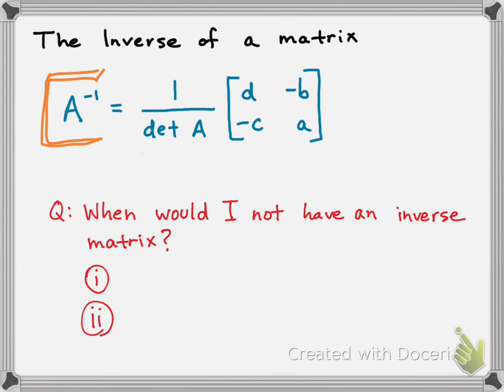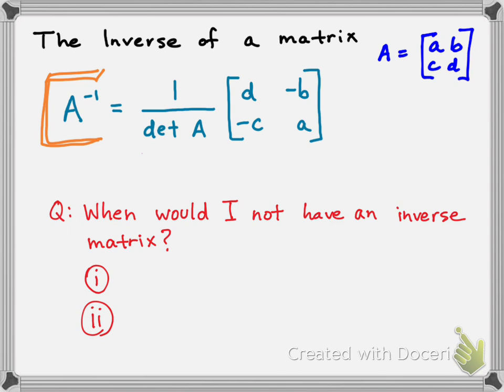This equals 1 over the determinant of A multiplied by the augmented matrix D, negative B, negative C, A. So remember, A originally was A, B, C, D. If I'm augmenting it for the inverse, I'm switching the locations of the diagonals A and D, and I'm negating B and C.